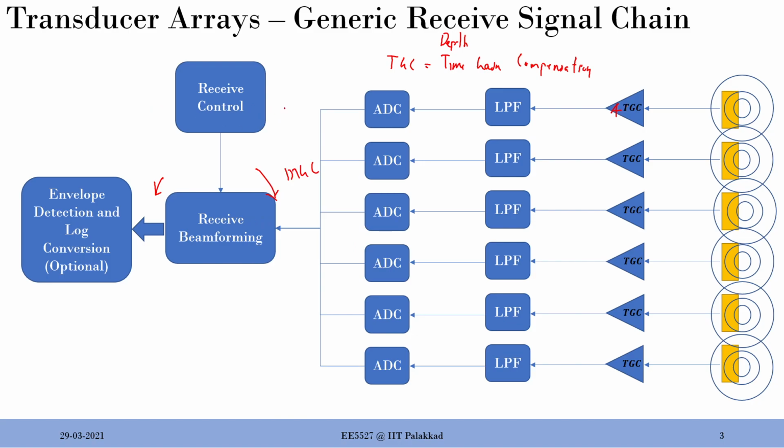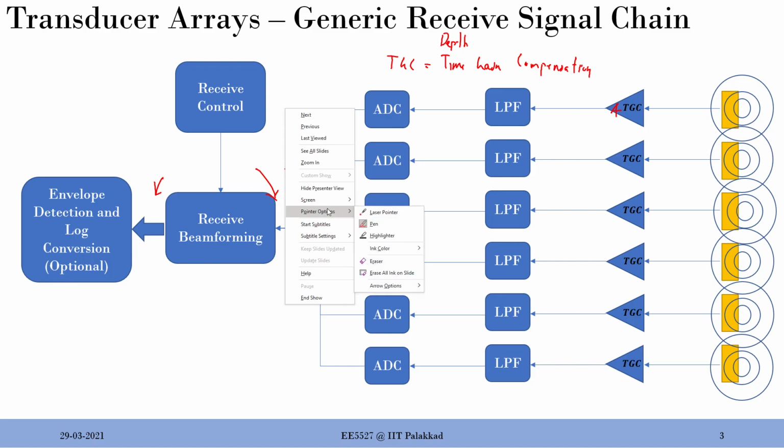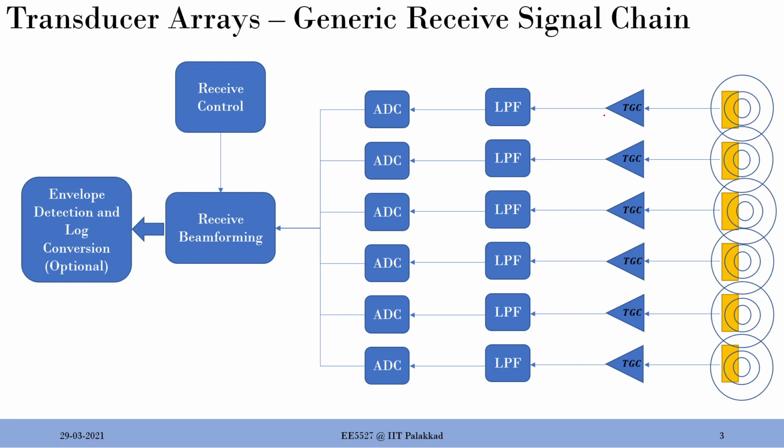But they are fixed. Analog, as usual, we really can't program, so it is mostly fixed unless you have a variable capacitance or variable inductance, which is very rare in modern day systems, because you can do the digital TGC later. So analog TGC is a very primitive system where it's just a gain with depth.